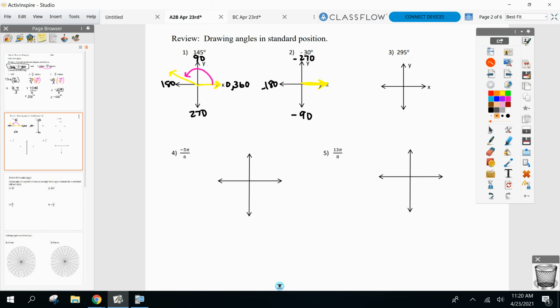And now I should be in what quadrant here? Quadrant 4, yep, closer to 0 than to 90. Then make your rotation arrow going clockwise.